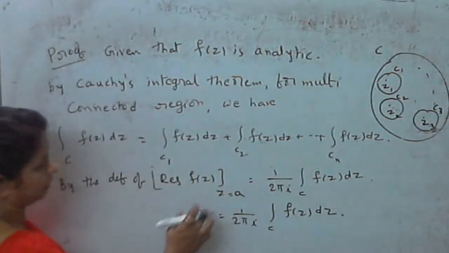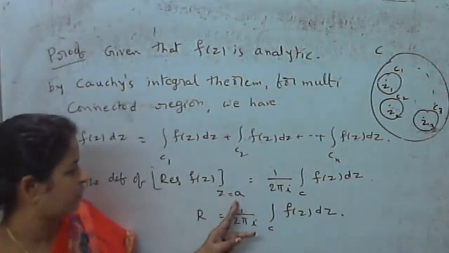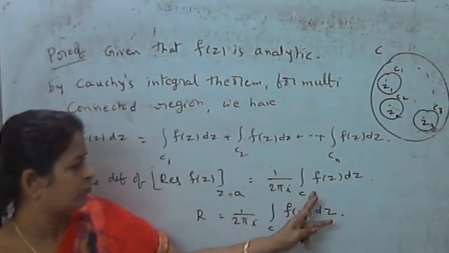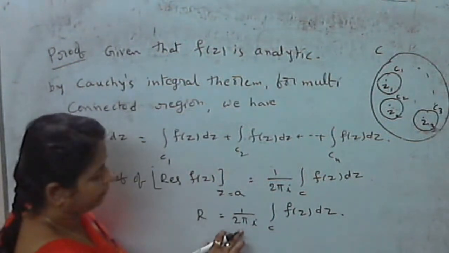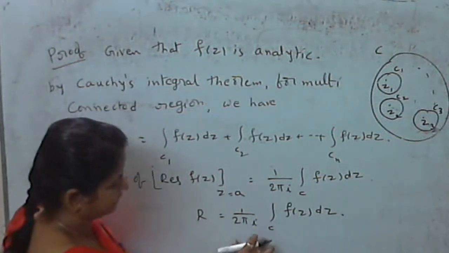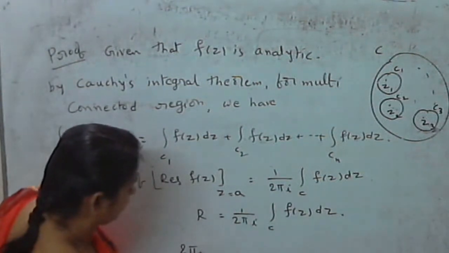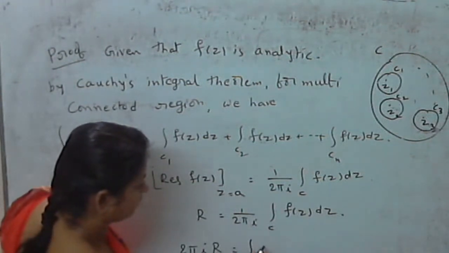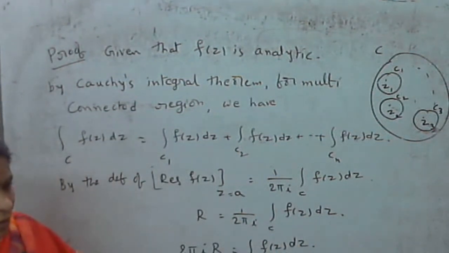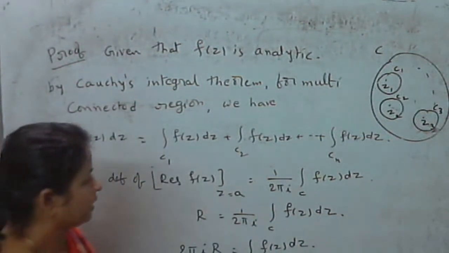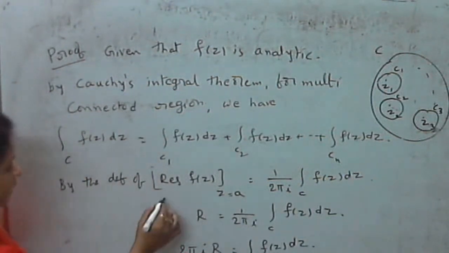This is the general formula. So 2 pi i times r is equal to the integral over C of f(z) dz. So the integral over C of f(z) dz equals 2 pi i times r.